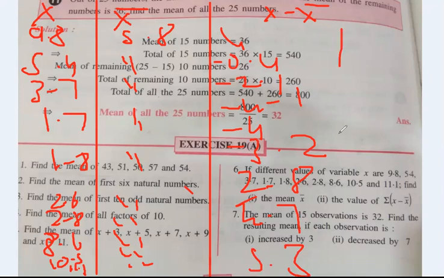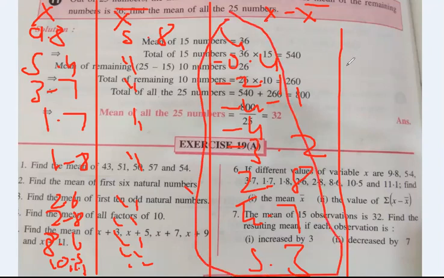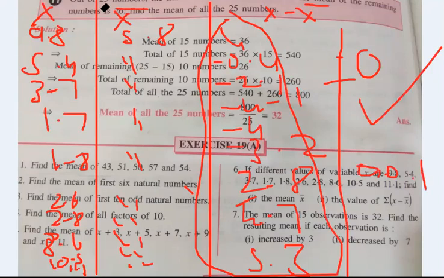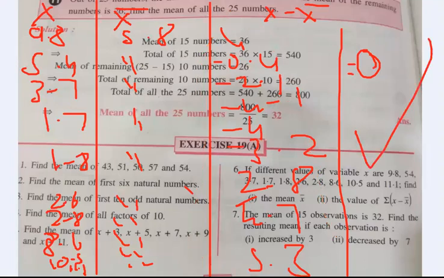Now after adding all these terms, if you get 0 as the answer, the sum is right. If you didn't get 0 and got 0.1 or minus 0.1, even a small difference, then your answer is wrong. So if you get 0 after adding these terms, your sum is correct. So please do copy, and moving to the next sum.